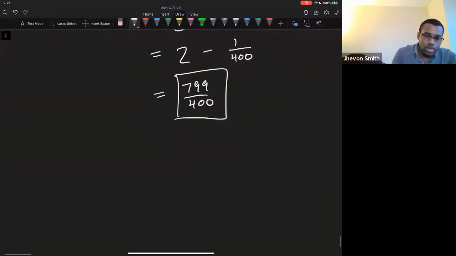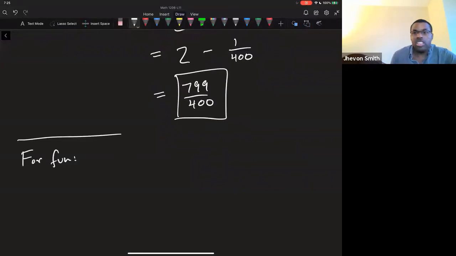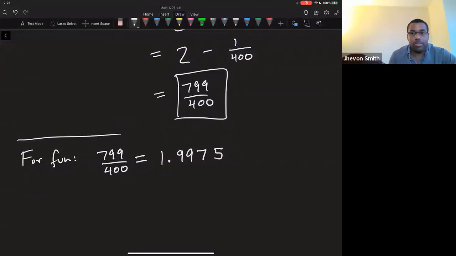Now, for fun, let's check. If I take 799 over 400, it actually terminates. It's 1.9975. Okay.